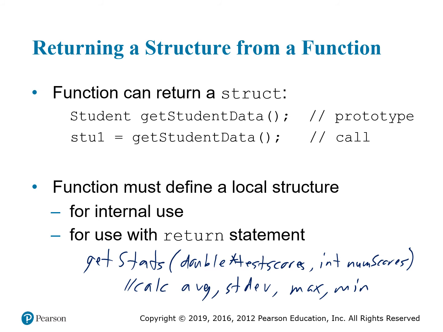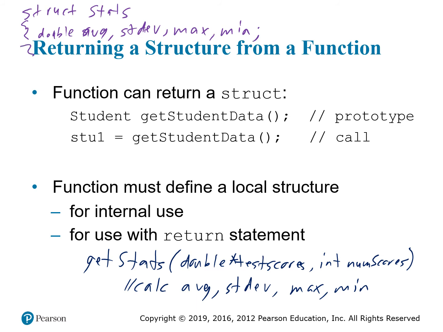But I can create a struct stats with double average, standard deviation, max, min. And then the return type for this function can be stats.